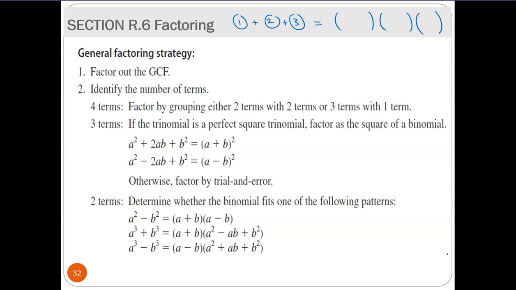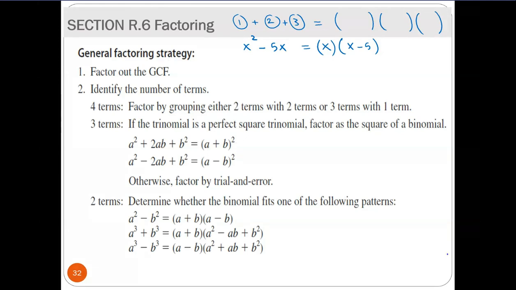Okay. For example, if we have x square minus 5x, and we need to find the factoring of this polynomial, we take a common factor, so we have x multiplied by x minus 5. So the factoring of this polynomial x square minus 5x equals x multiply x minus 5.